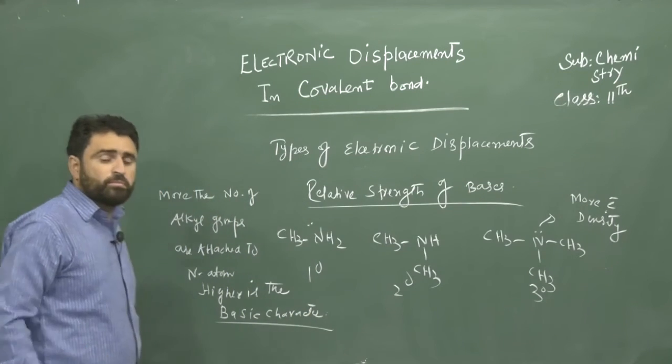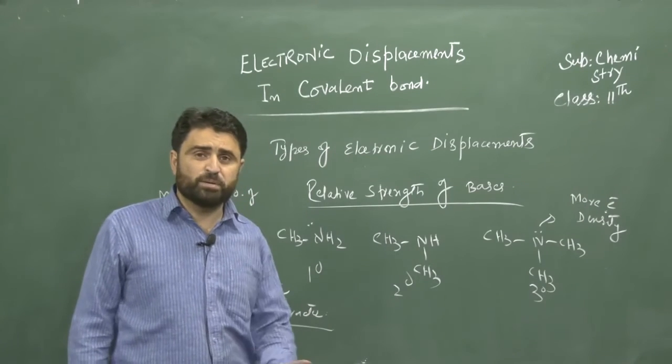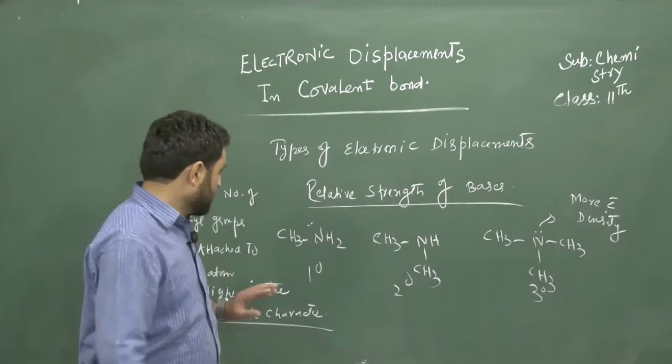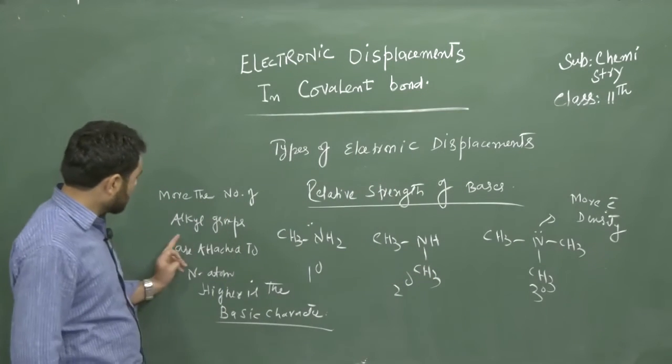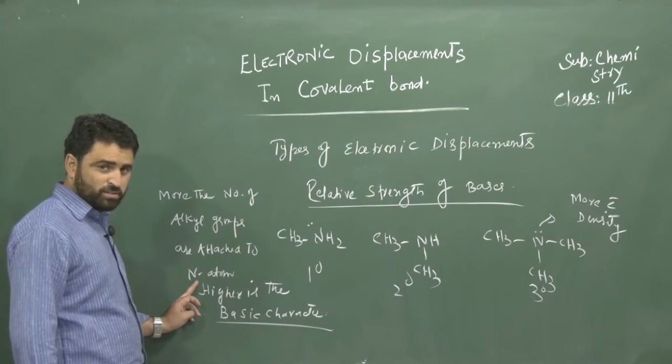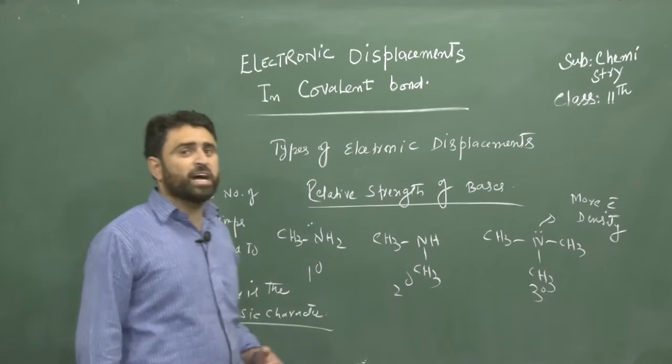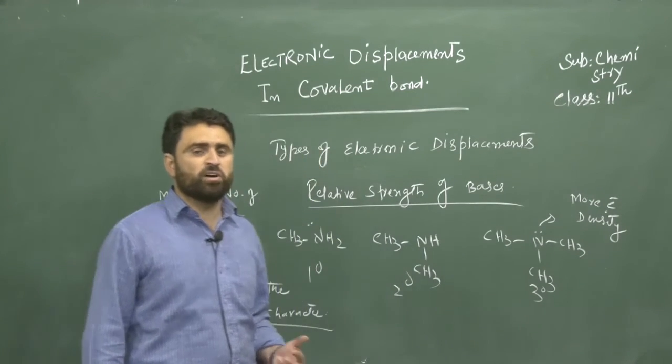Remember, it is the reverse of acidity. In acidity, the more alkyl groups attached to the carbon, the lower is the acidity, because at that time the hydrogen will not release, it will not break up.